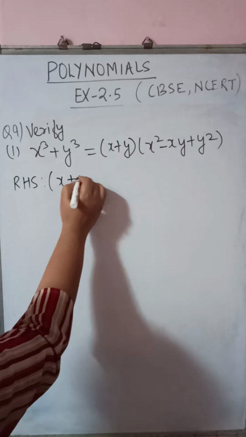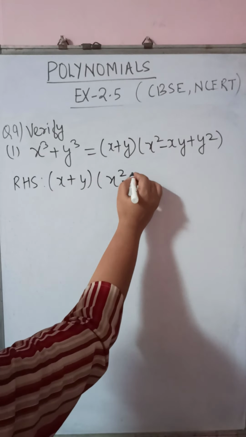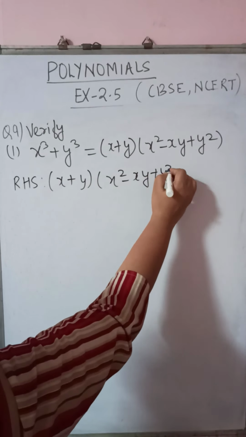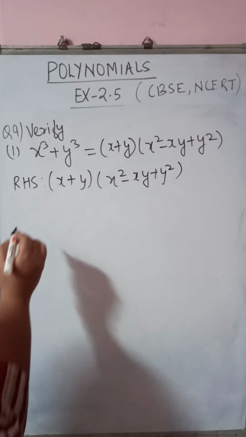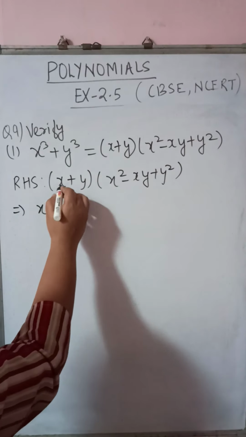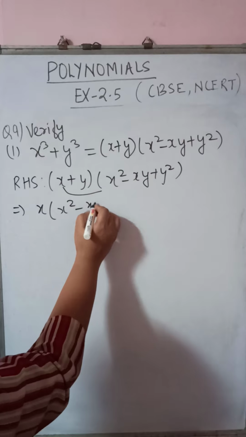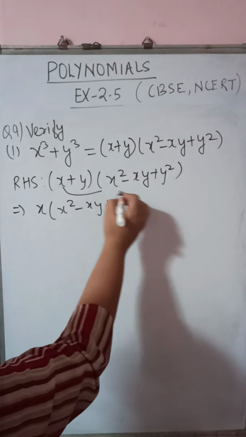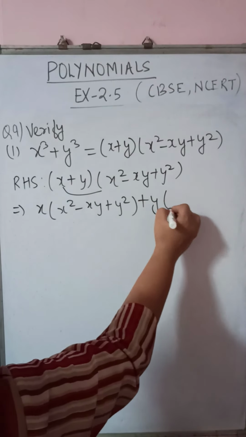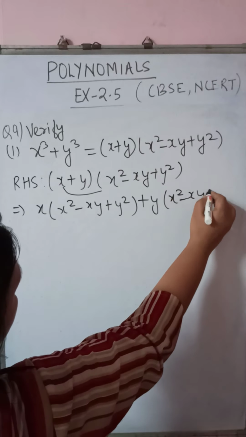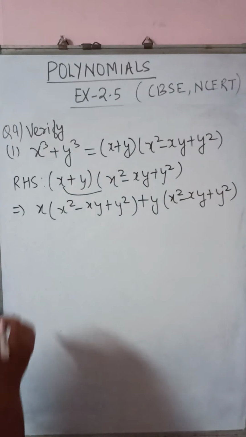RHS is (x plus y) into (x square minus xy plus y square). Now what are you going to do? Multiply x with the entire term and then multiply y with the entire term. We'll see what we are getting.